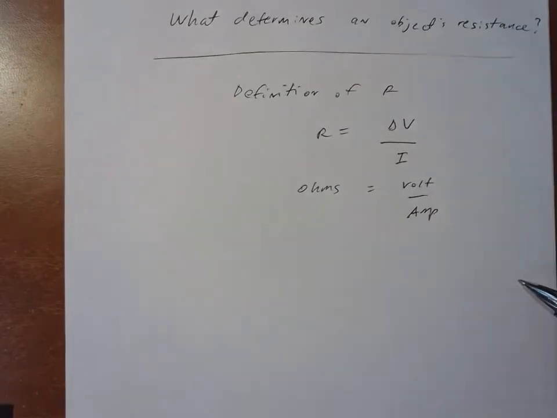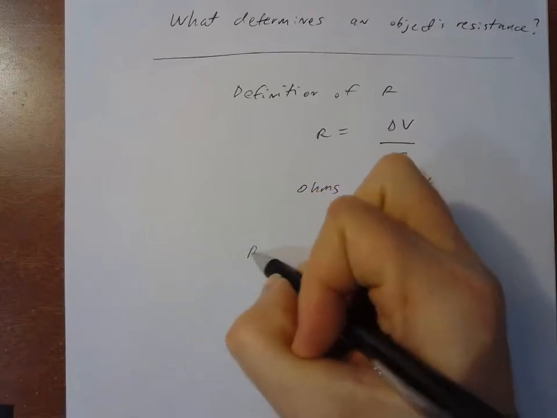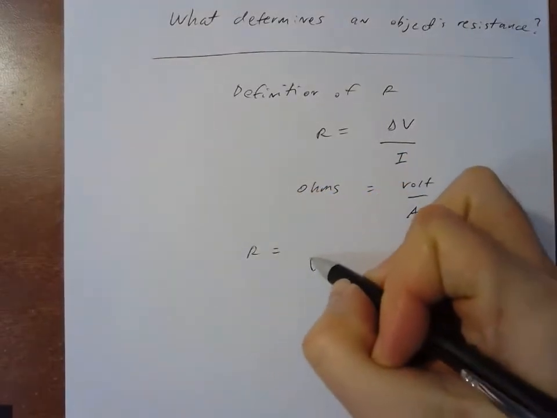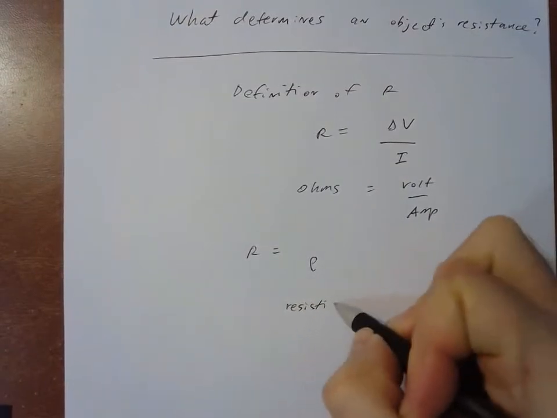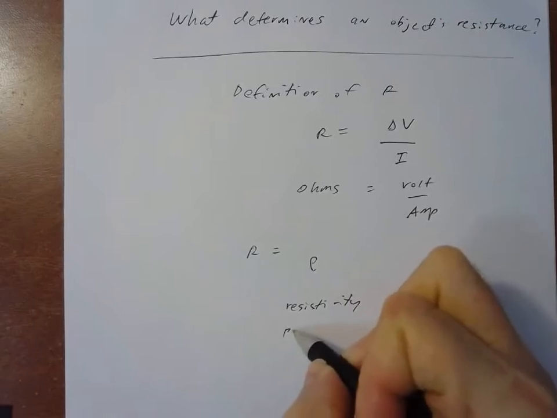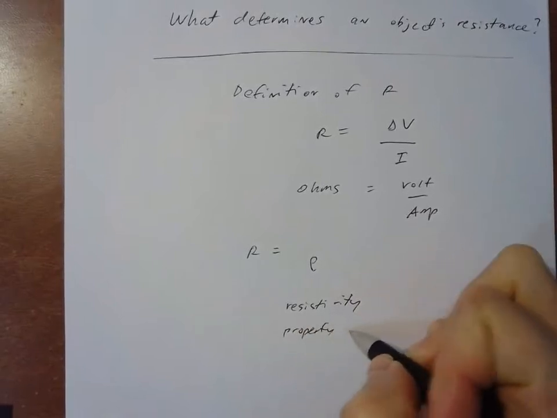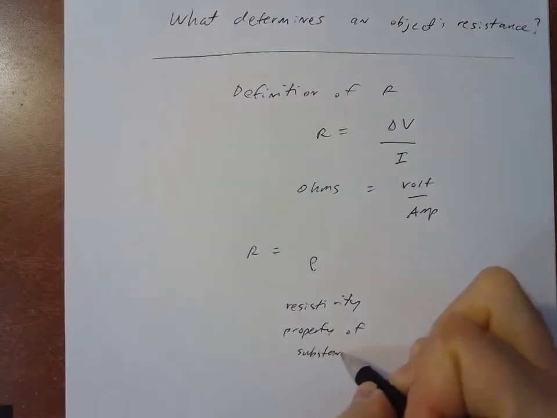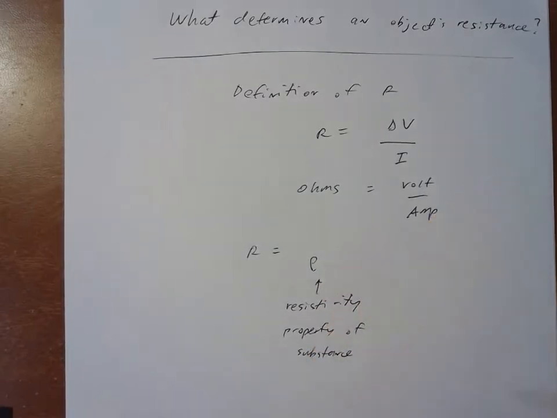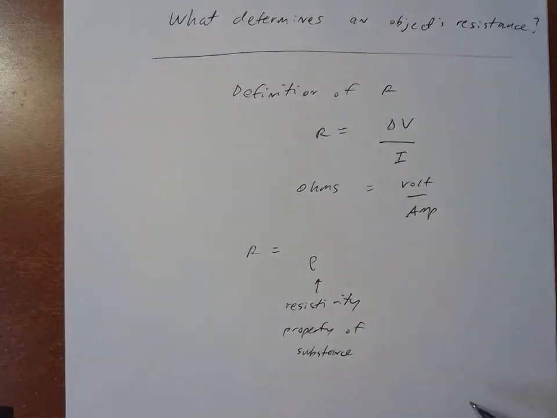So what does resistance of an object depend on? Well, it depends on three factors. Resistance depends on what's called the resistivity, which is a property of a material, of a substance, an intrinsic property of a substance, which does not depend on the size of the object.